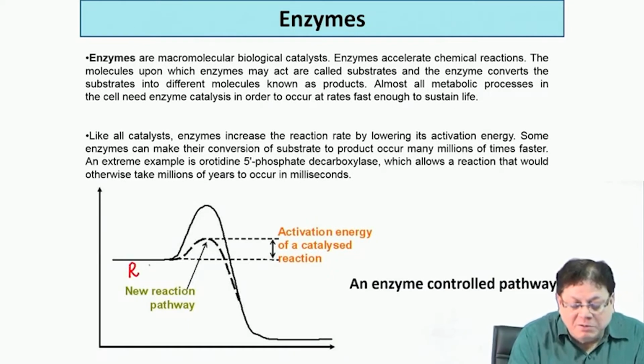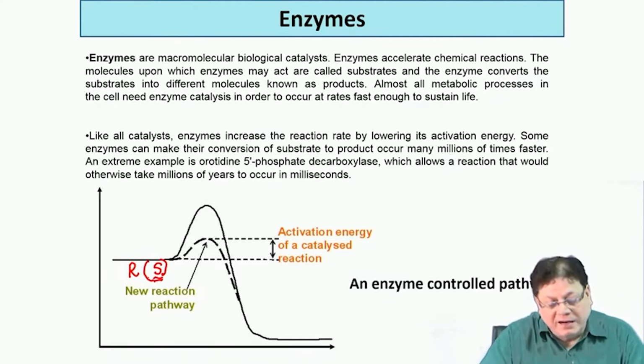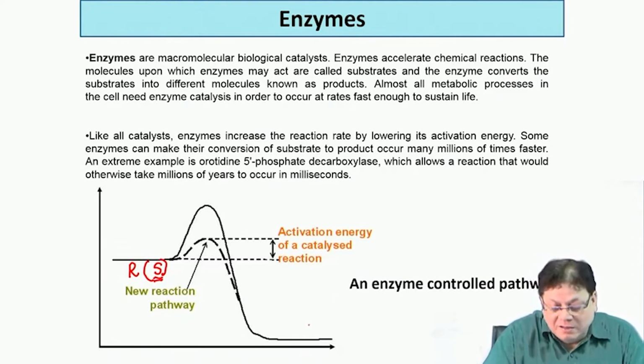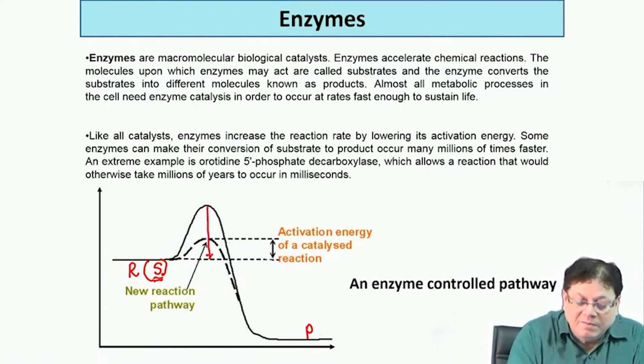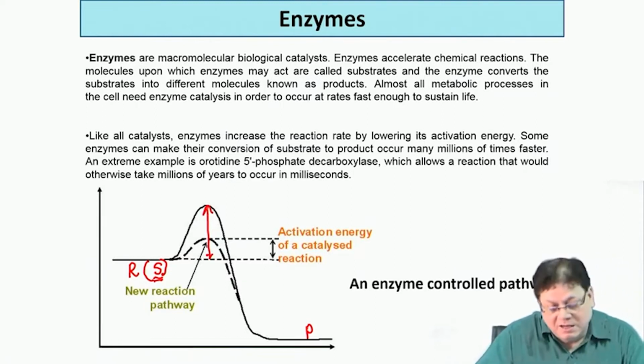In case of biochemistry, generally we do not write R, instead of R generally that is called substrate. The reactant is called the substrate, and this is the product P. So, if it is uncatalyzed, suppose this is the pathway, the energy pathway that the reaction takes. That means, now the activation energy for the forward reaction is this.